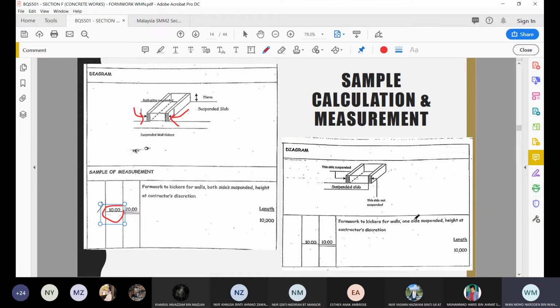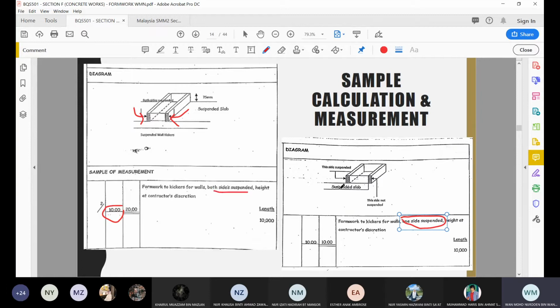But if the case is like this, formwork to kickers for wall, one side suspended at height of contractor's discretion. So the situation is one side suspended. Why one suspended? Earlier it was both suspended.